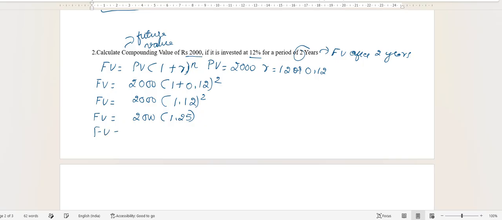Hence, my future value is equal to 2508 rupees. This is the final answer, students. I hope you are getting everything. If there is any doubt, please put it in the comment box so that I can clear your doubt also.